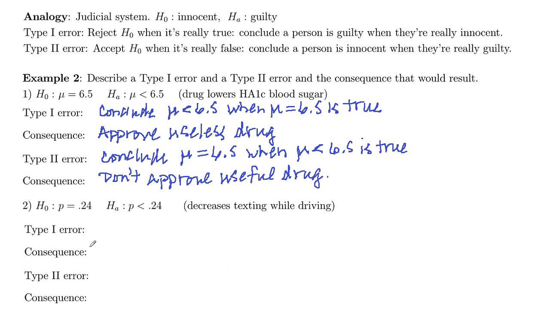And then for the texting while driving example, our null is that the proportion is 24%. The alternative is that it's less than 24%. That means the program decreases texting while driving. For a type 1 error, again, you reject H0 when it's true. So if you reject H0, you conclude that P is less than 0.24 when really P equals 0.24 is true.